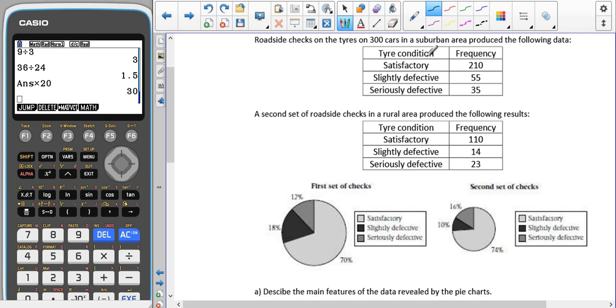So we can see if the tyres are satisfactory, slightly defective or seriously defective, and the same results again in a rural area. So here we have a suburban area and here we have a rural area. So here, the first set of checks, we need to remember that this was the suburban area, and the second set of checks, that was in the rural area.